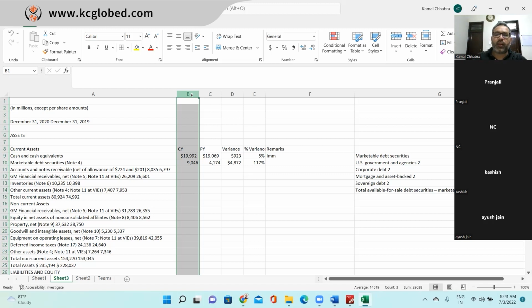So there are a lot of projections involved, like what the year-end numbers would be, especially in the income statement. Those numbers will definitely change for the issuers, and for non-issuers, it depends on how much adjustment has been made during the audit. Any doubt here, guys? So far, so good.